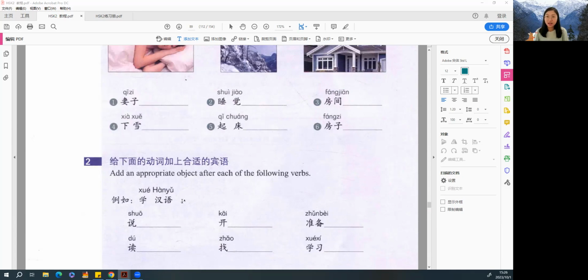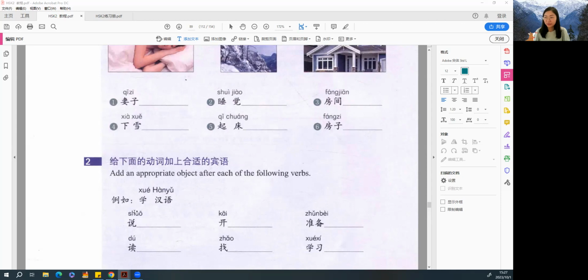Or what about 学 English, 学英语, or learn German, 学德语, learn Japanese, 学日语, learn Korean, 学韩语, learn French, 学法语. What else? Yeah, there are many. Or also we can say Mandarin is 普通话, right? 学普通话 or 学粤语, learn Cantonese.